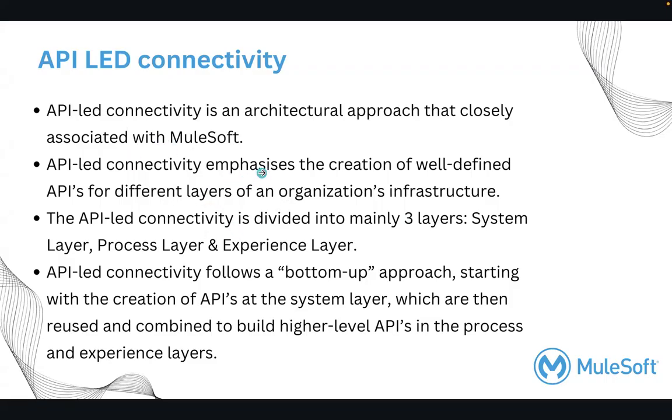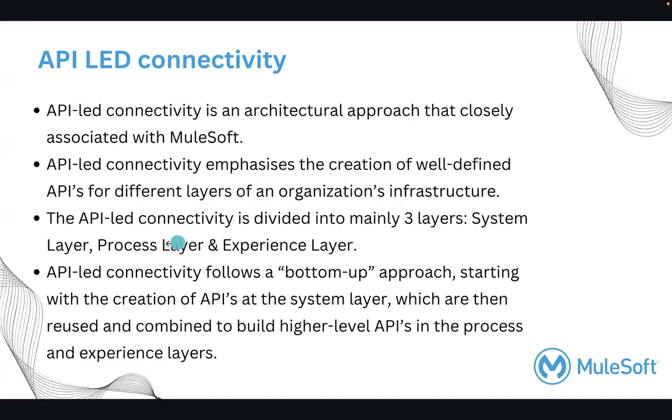So you need different applications to connect to different systems and get the data. That is called raw data from the database. You don't want to show all the raw data to the end user, only the required data. So that is where API-led connectivity comes into the picture.